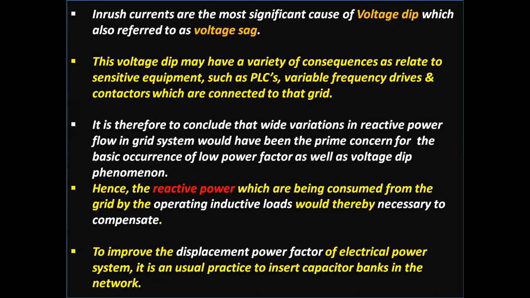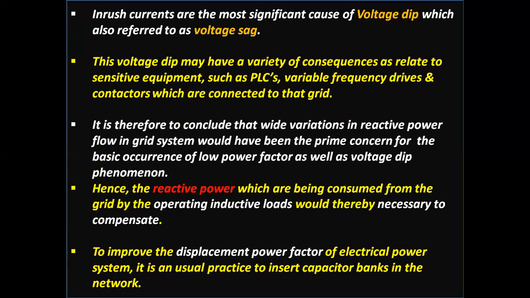This voltage dip may have a variety of consequences for sensitive equipment such as PLCs, that is programmable logic controllers, variable frequency drives, VFDs, and contactors which are connected to that grid.